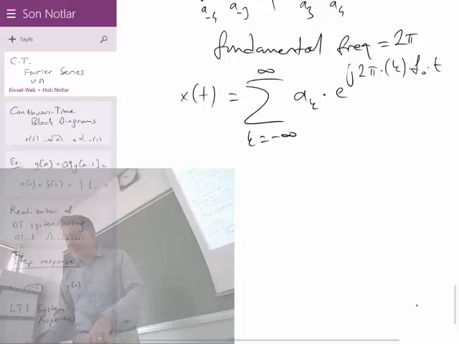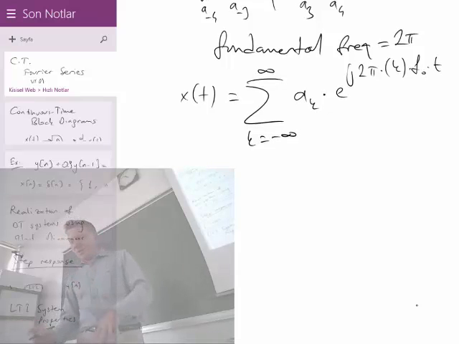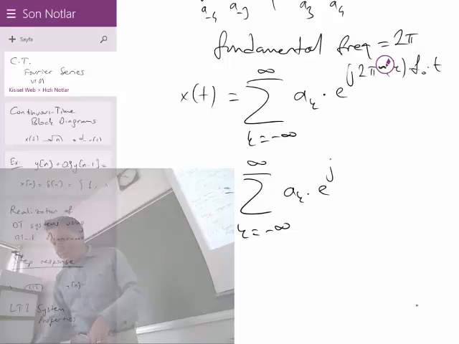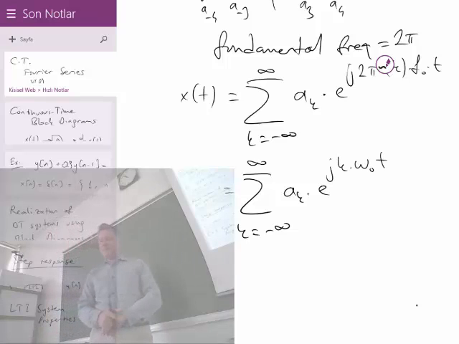F0 is the fundamental frequency in hertz. Let me write the same in omega notation, which will be more useful for you. K from minus infinity to infinity, a k times e to the j times k times omega 0 t.